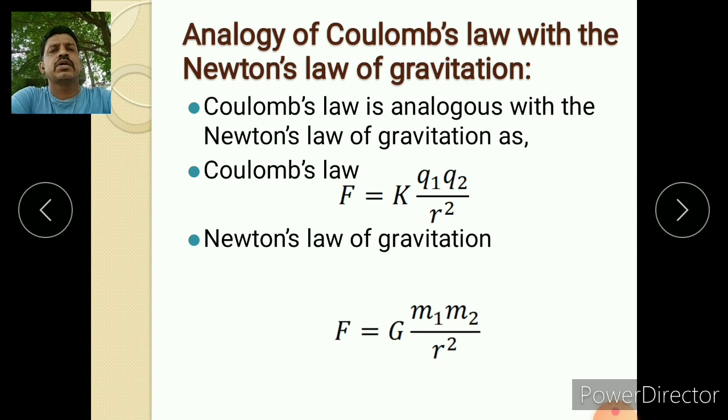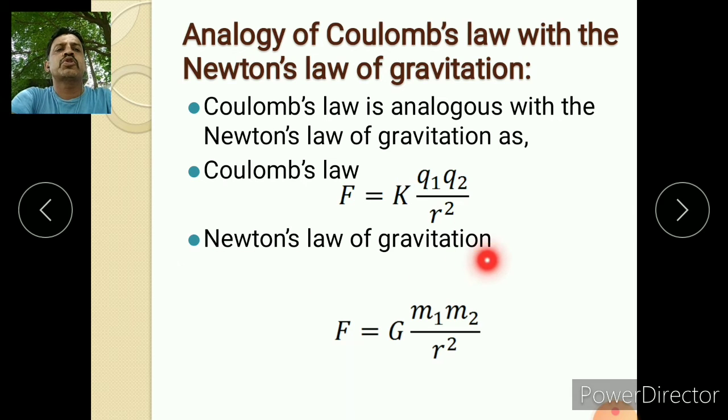The force is directly proportional to the charges q1 and q2 and inversely proportional to the square of the distance r. Here k is the constant. So the force is given by F equals k q1 q2 upon r square.